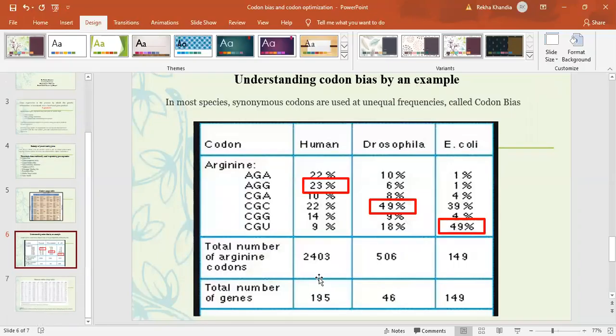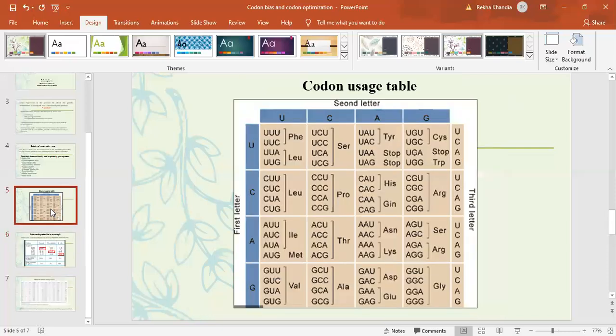First I will show you the codon usage table. Here you can see all the 64 codons, and for a single amino acid, except for methionine, which is coded by only one triplet, that is AUG, all other amino acids are coded by more than one triplet.